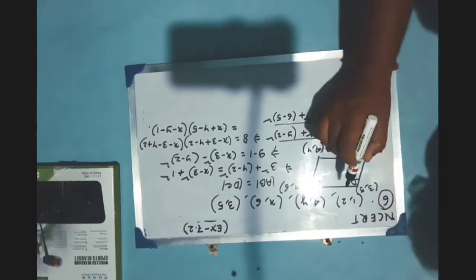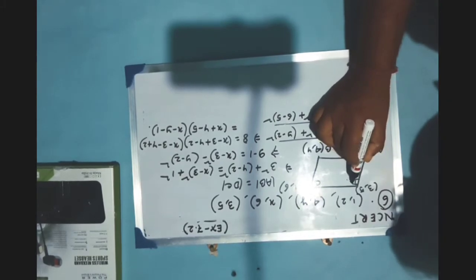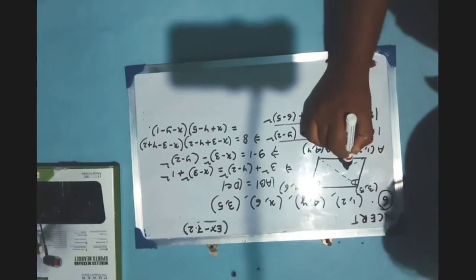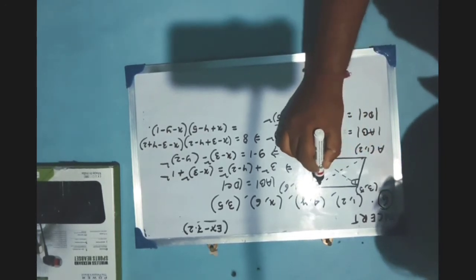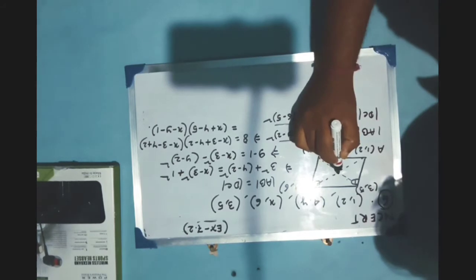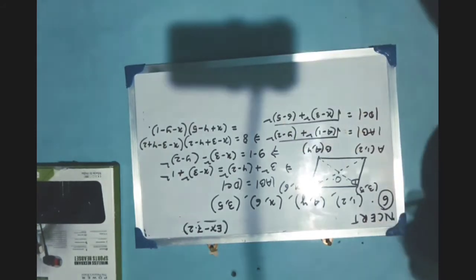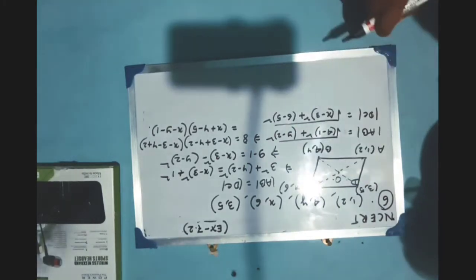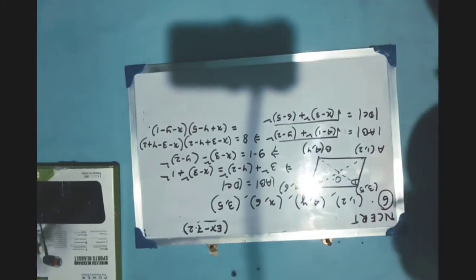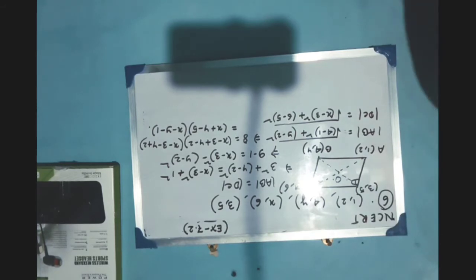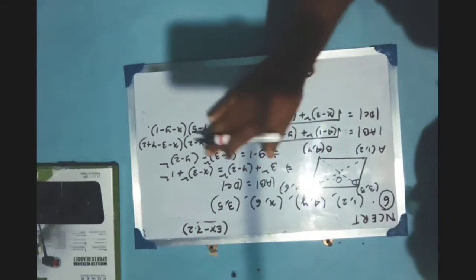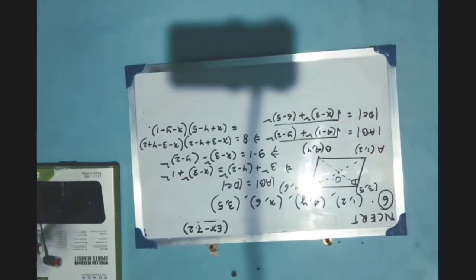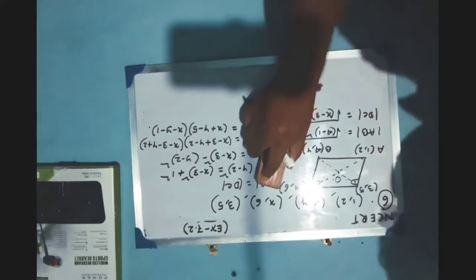That process should be, if we join the diagonals, they intersect at the point O. Now O is the midpoint of AC and BD both. If we solve it by this method, the solution will be too big, so we'll apply another method to solve it.